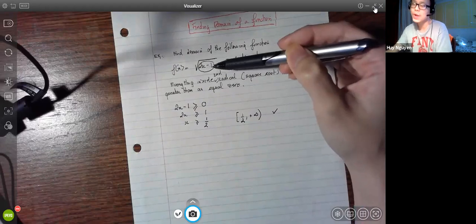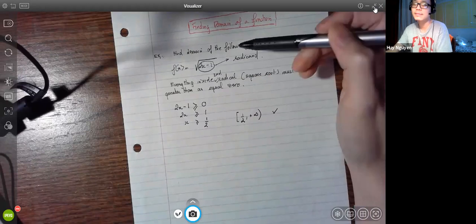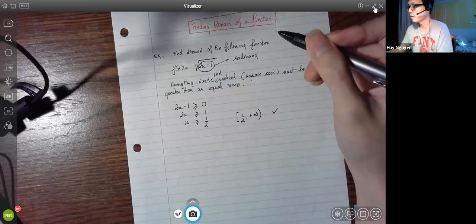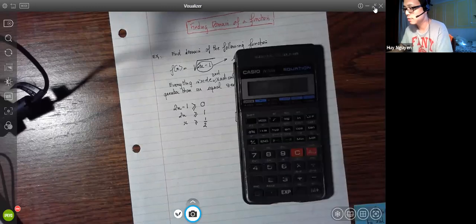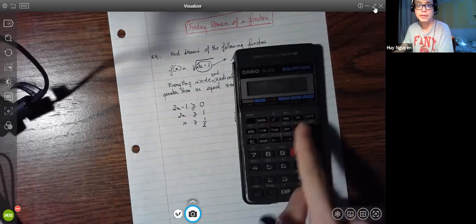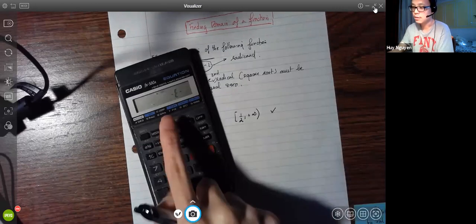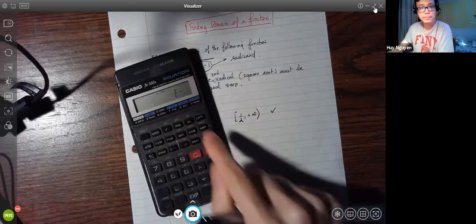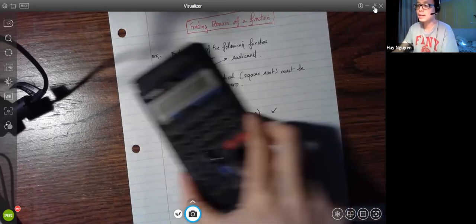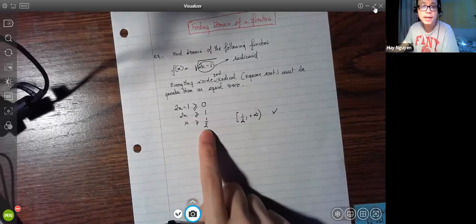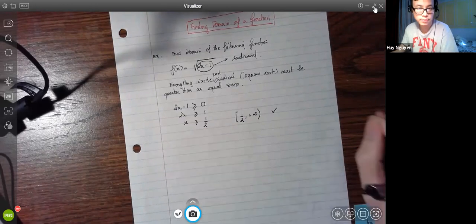Can you take the square root of -1? No, right? You get an error right away. See that? Radical error. So only the x values greater than or equal to 1/2 are the domain of this function.